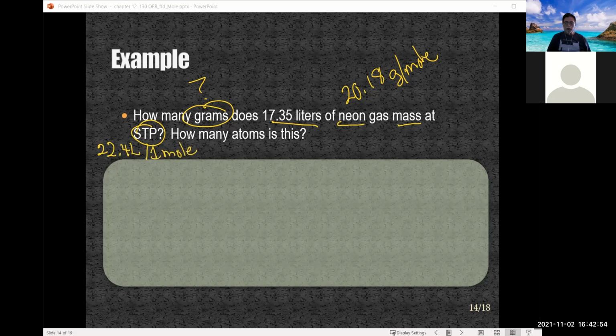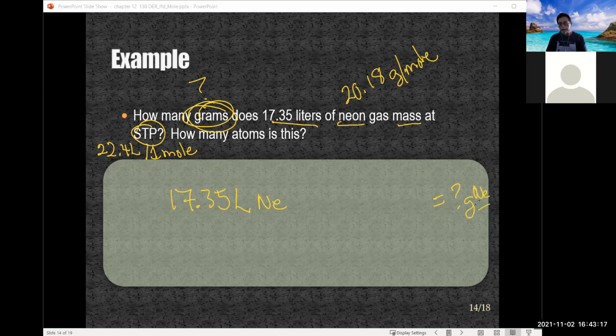Okay, so I'm making a list of everything that I have and what I know, and then once I'm there, I start with writing down what I've been given. 17.35 liters of neon gas, okay? And I need to get to grams.